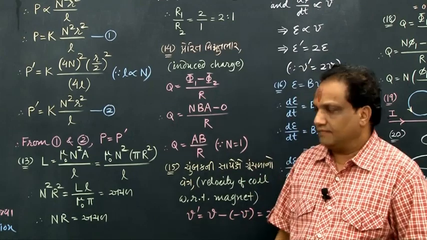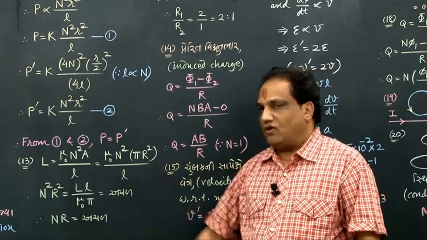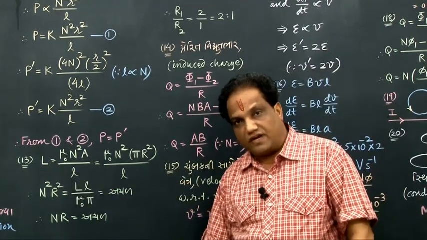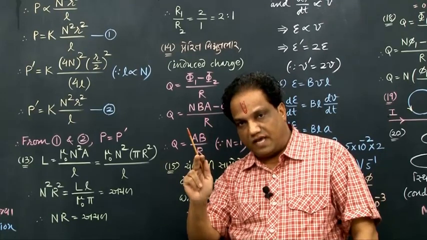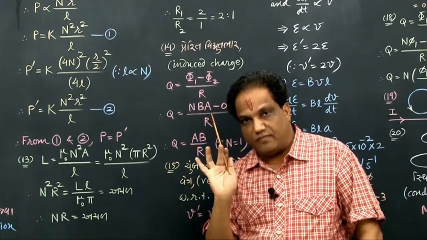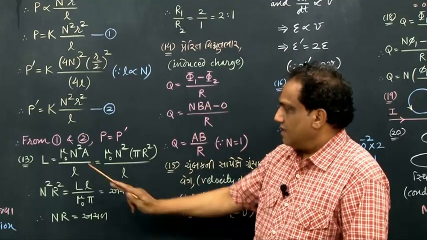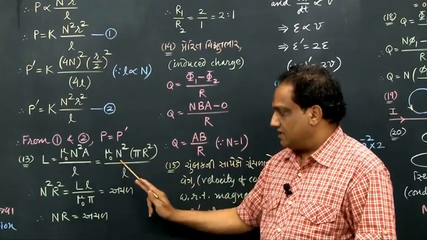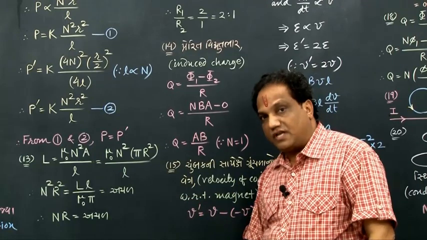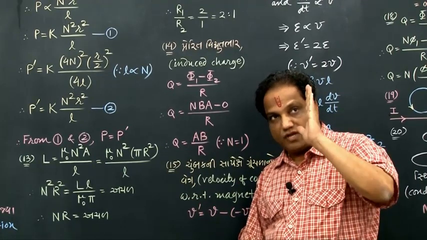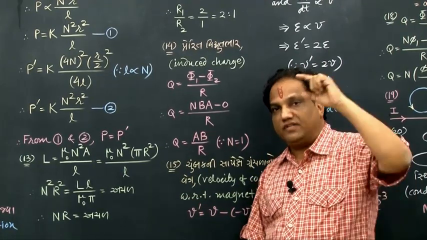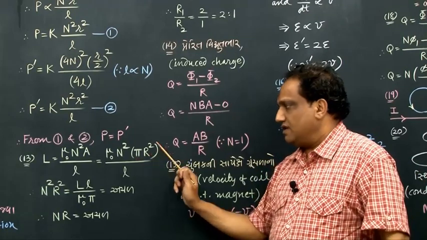Have you read it? Recall the formula of inductance of an inductor. It was capital L equals mu 0 n square A by l. Now this mu 0 n square as it is, what is this A? Cross section area of an inductor. When you take cross section area, if it is circular, it is pi into radius square.